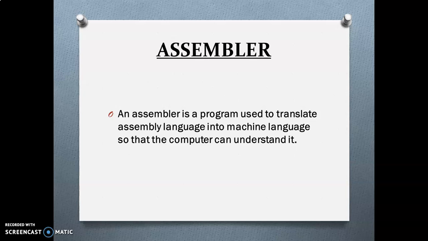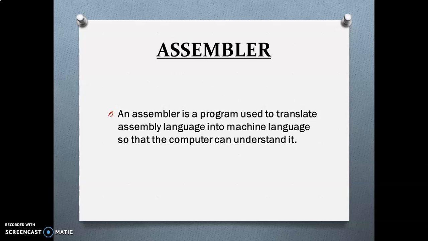See, there are basically 3 types of languages. First is assembly language, second is high level language and third is machine language. Machine language is easily understandable by computer. High level language is only understandable by us, and assembly language is written in mnemonics code.